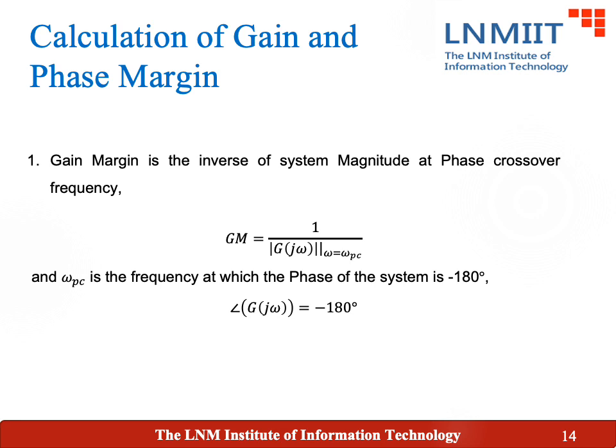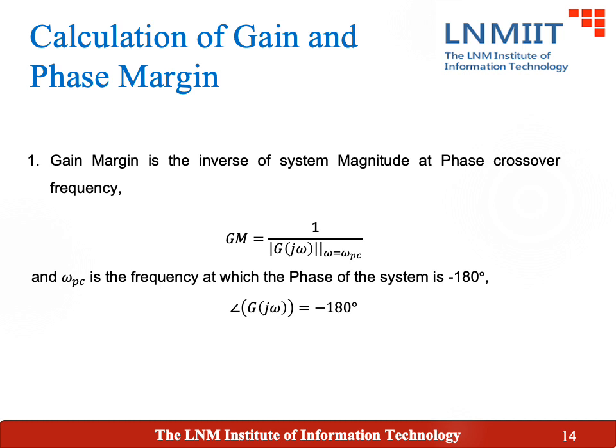So we know that the gain margin of your system equals 1 upon the gain of your system at the phase crossover frequency. And the phase crossover frequency is the frequency at which the phase of your system equals minus 180 degrees.